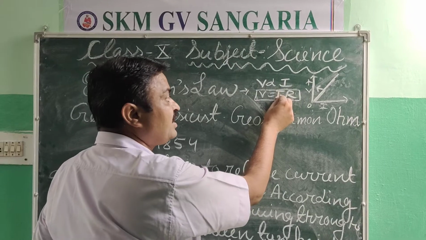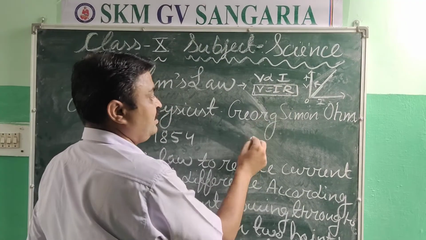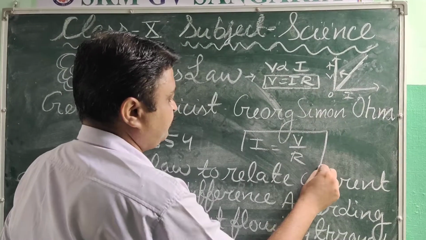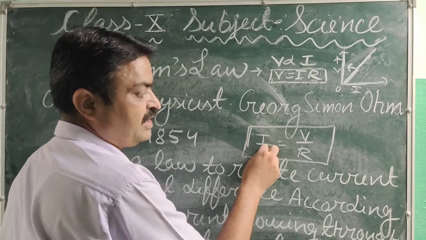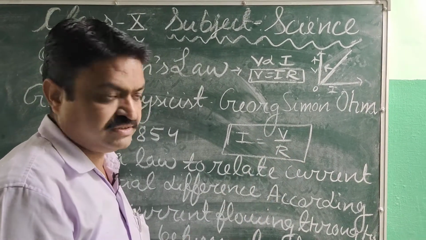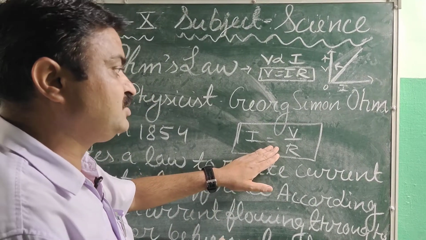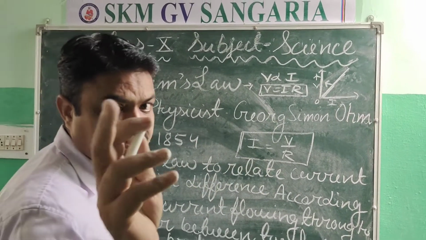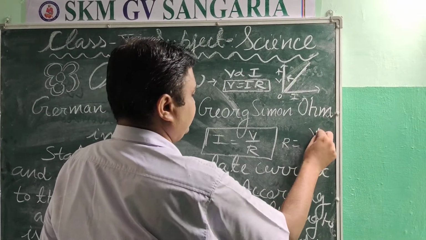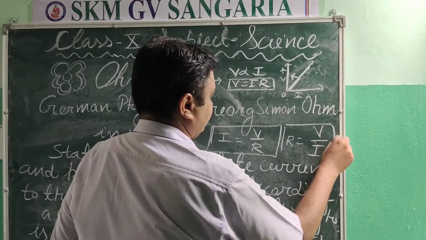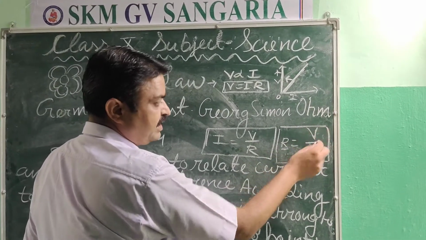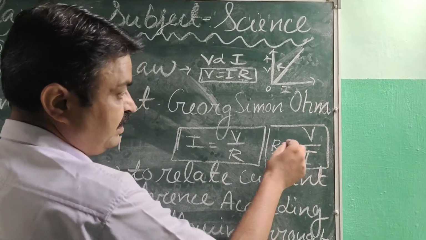Another formula we can also get from this: I is equal to V upon R. Here I is electric current, V is electric potential, and R is the resistance. With this we can also get the formula for resistance: R is equal to V upon I. Here R means resistance, V is electric potential and I is electric current.